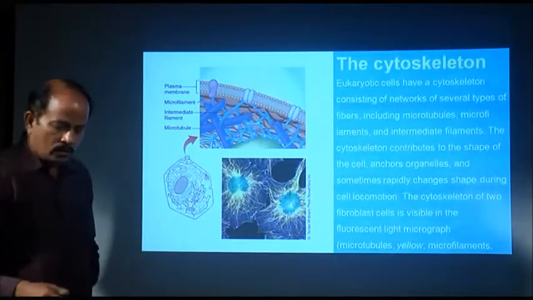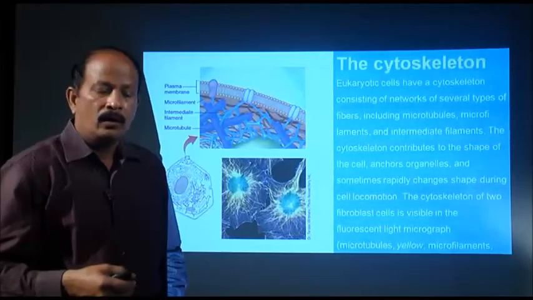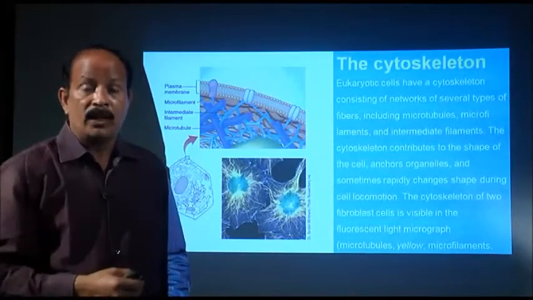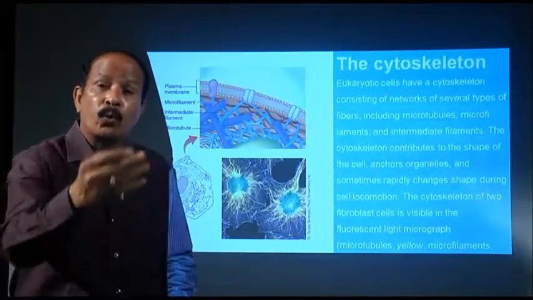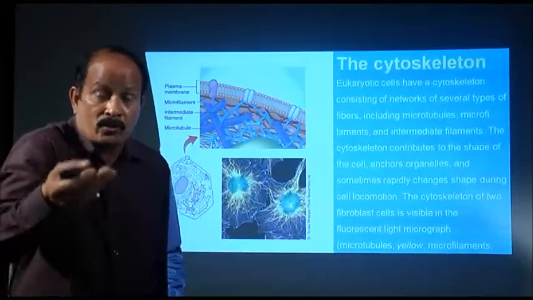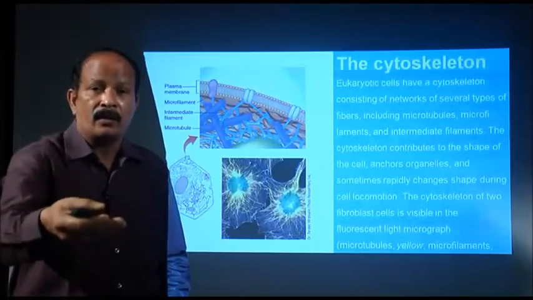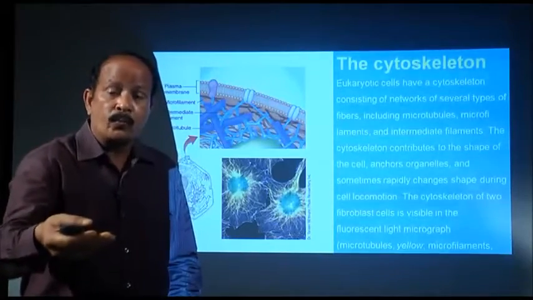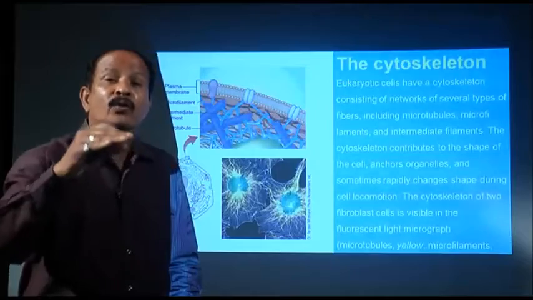Cytoskeleton. When the question of cytoskeleton came, the techniques, that means microscopy, electron microscopy, then fluorescence microscopy. In fluorescence, light will fluoresce because certain dyes are given. Fluorescence microscopy and electron microscopy and other video cinematography.